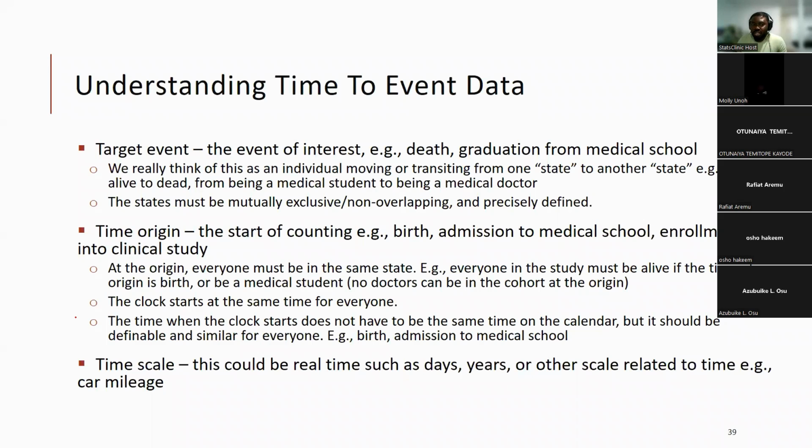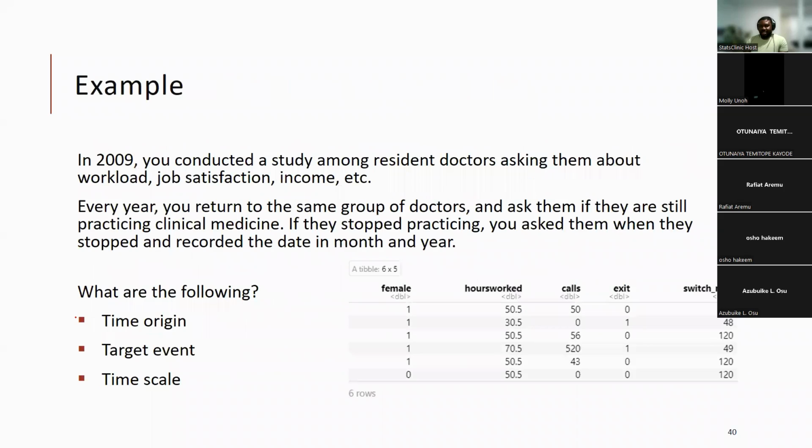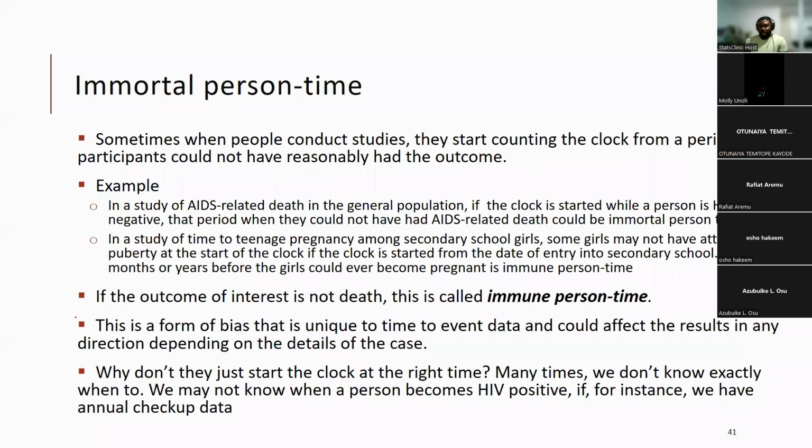All right. So we talked about this extensively, but the other thing that we did talk about was immortal present time. So, can somebody explain to us what we said immortal present time was? Anyone wants to try?